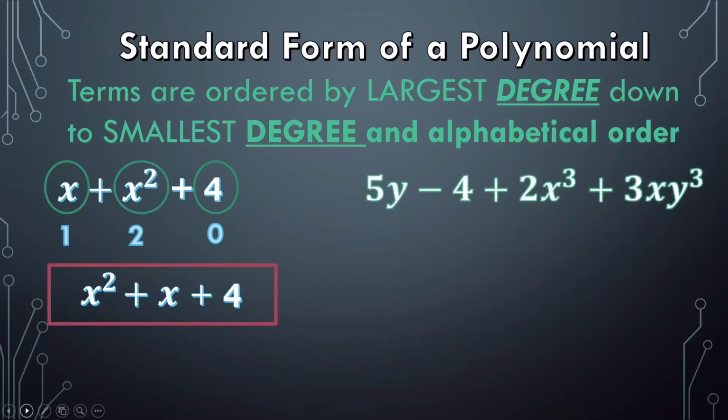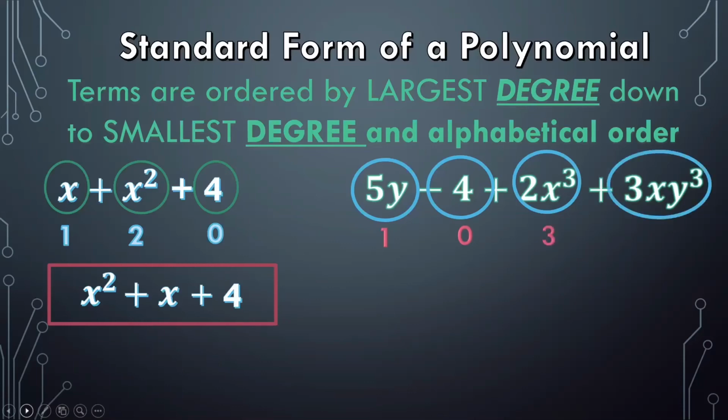But let's look at this one. So if I take a look at the degree of my 5y, it's 1. We know that. The degree of this, it's a constant, so it's 0. This is cubic, so it's 3. Now this one, you got it, it's 4 because that x has a 1 on it and I got to add them. So be careful here. So I'm going to start with 3xy cubed.